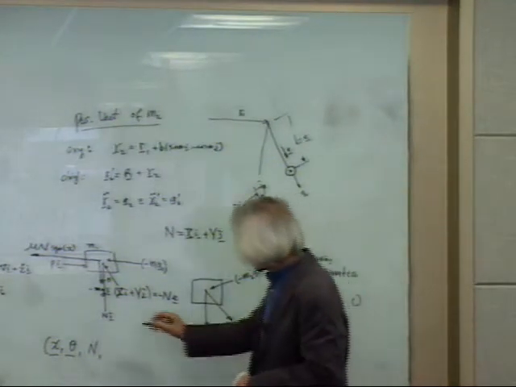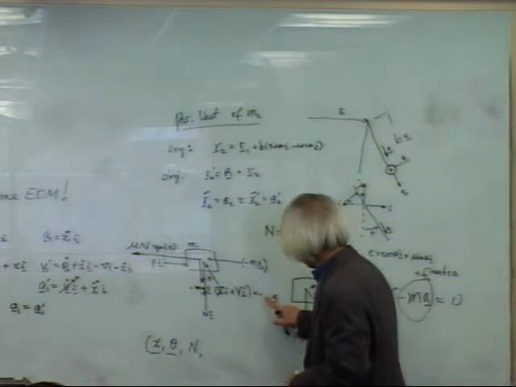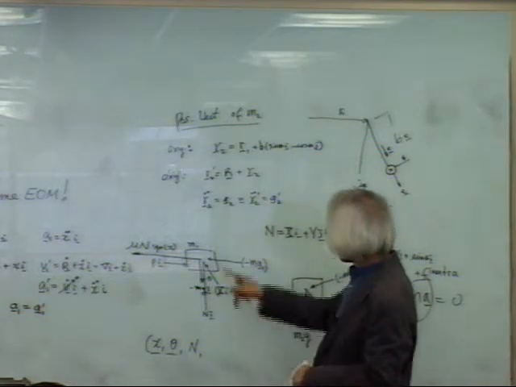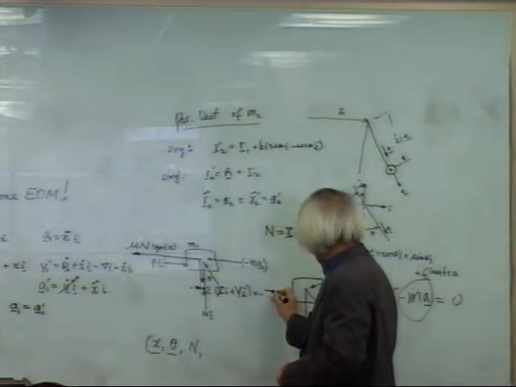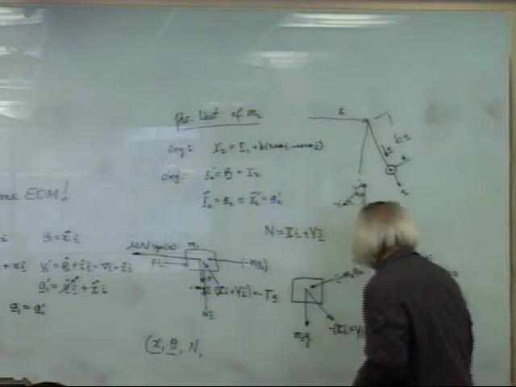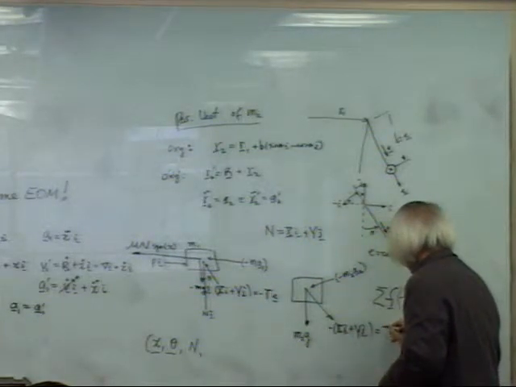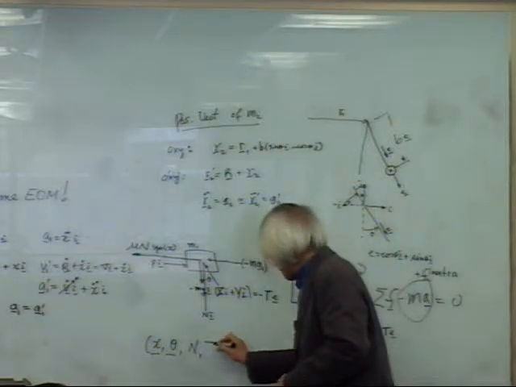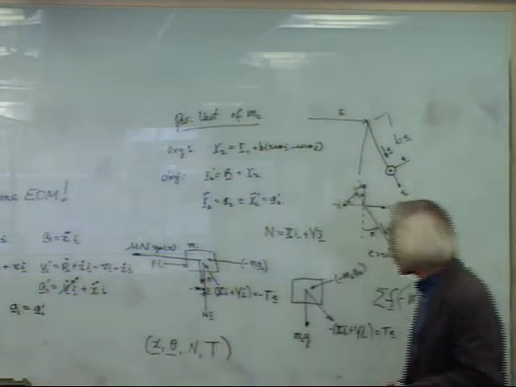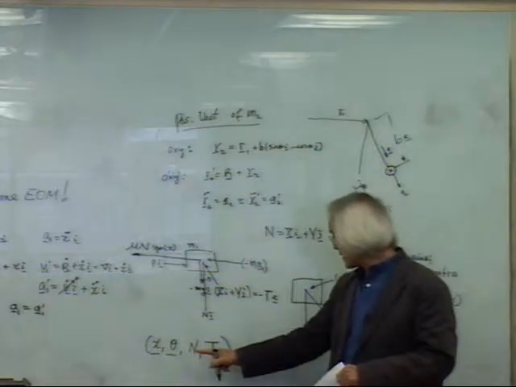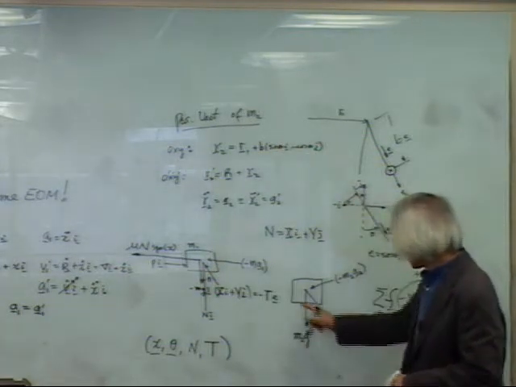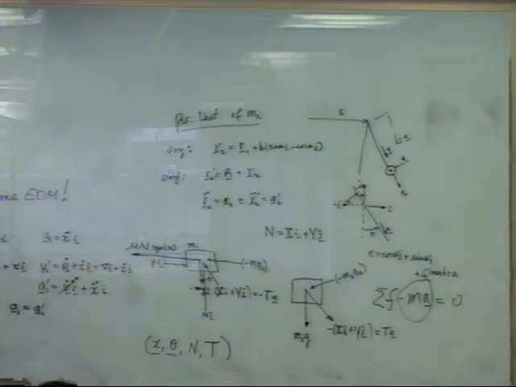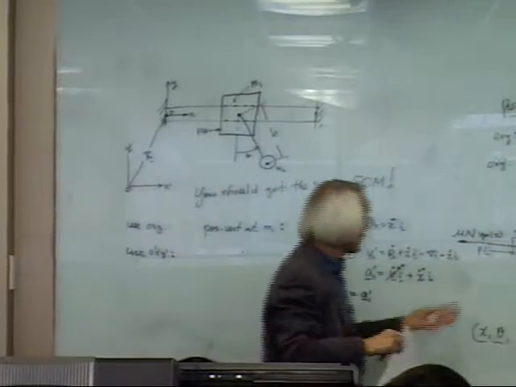I use N over here. Let me just use something else. I'm running out of symbols. Let me use a T, because it's really tension over here. So I have a T. So I have 4 unknowns: x, theta, N, which is the reaction force on this mass 1, and T, the tension of this rod over here. Okay? So I have 4 unknowns and 4 equations.